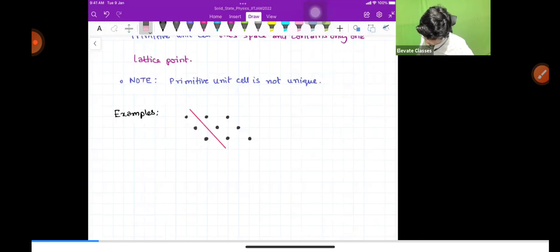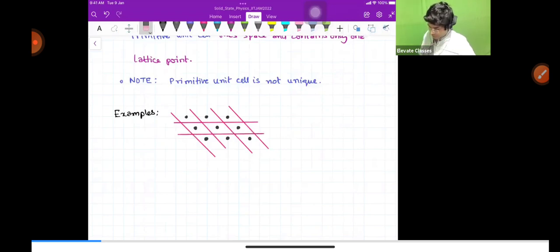All right. If I just pull a line in between this, this could be one of the structures coming in between. You can see what forms between the lines could be a PUC. All right, so let me make it even. So this is a PUC.